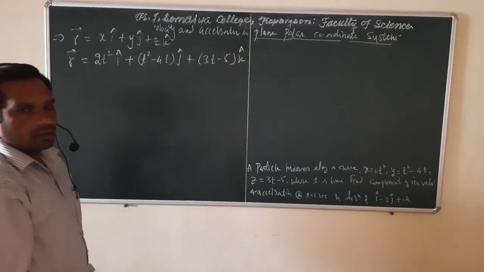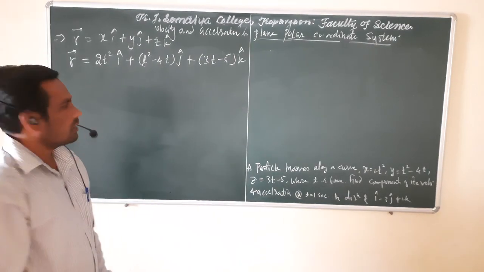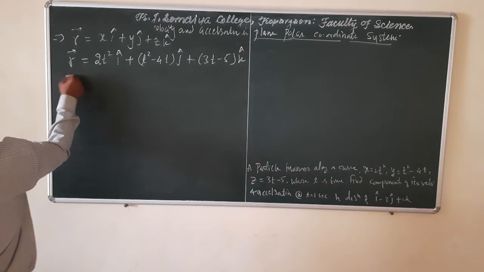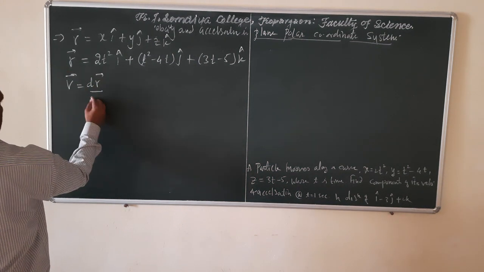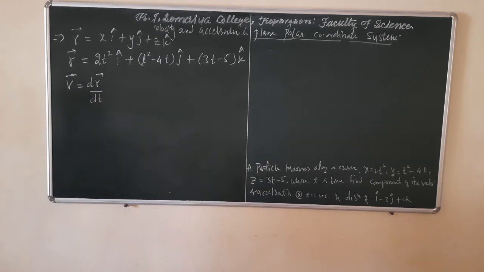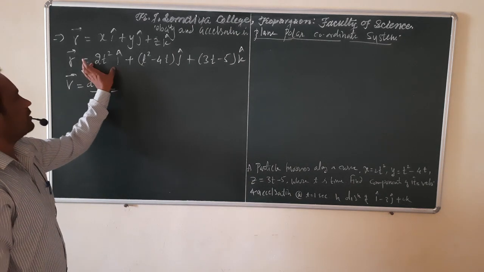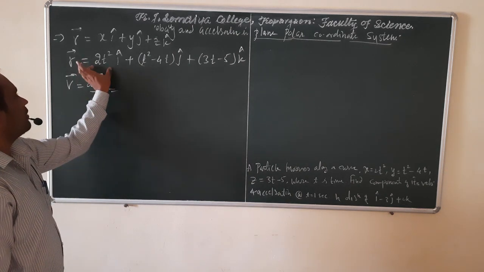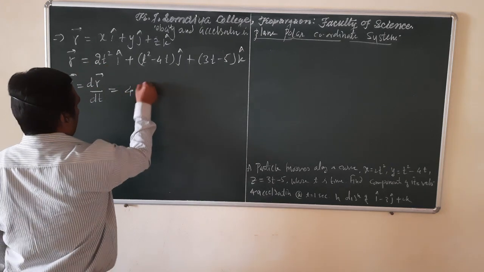Now to find the velocity, velocity is nothing but the derivative of its position vector with respect to time. We have to differentiate this equation with respect to time. So the derivative of the first term with respect to time becomes 4t i cap.